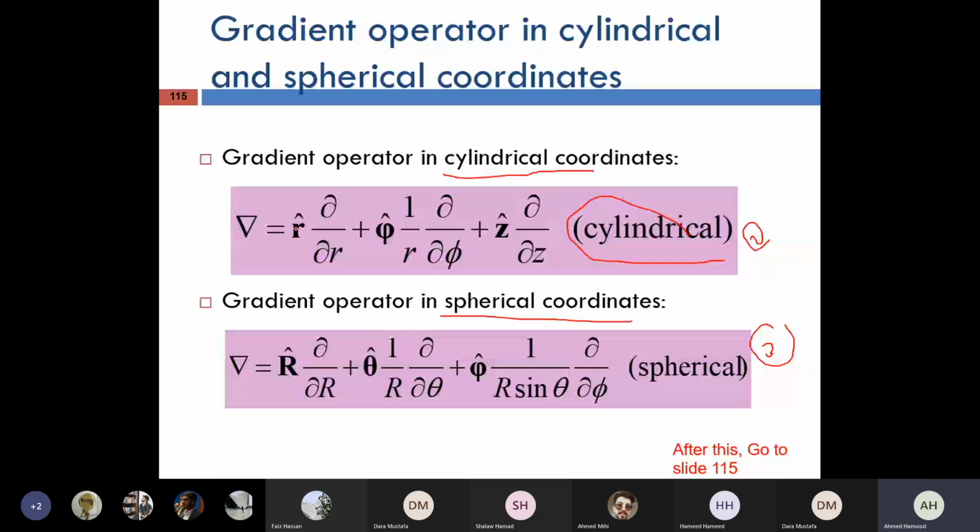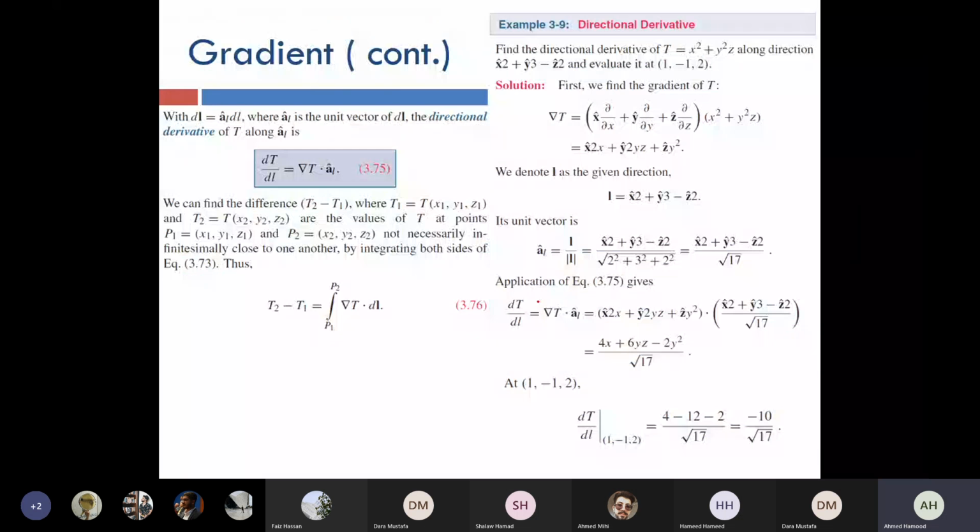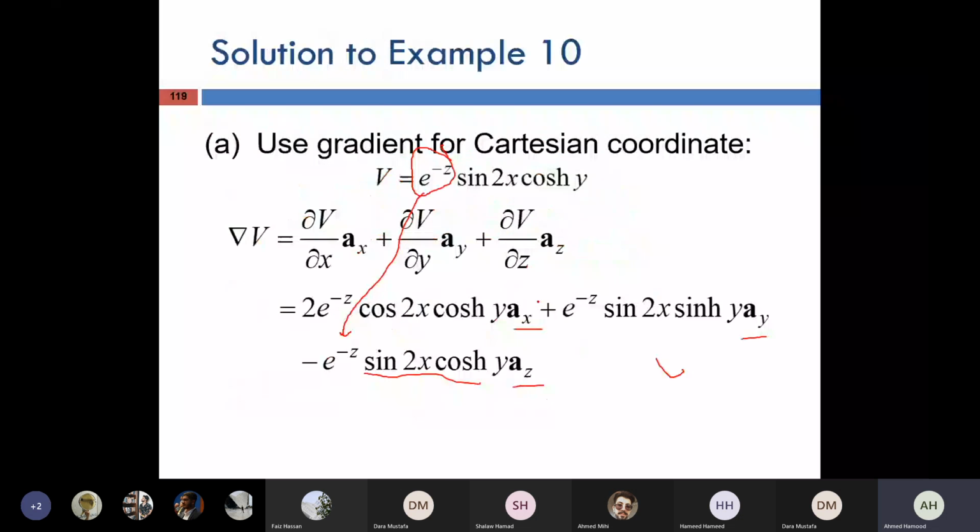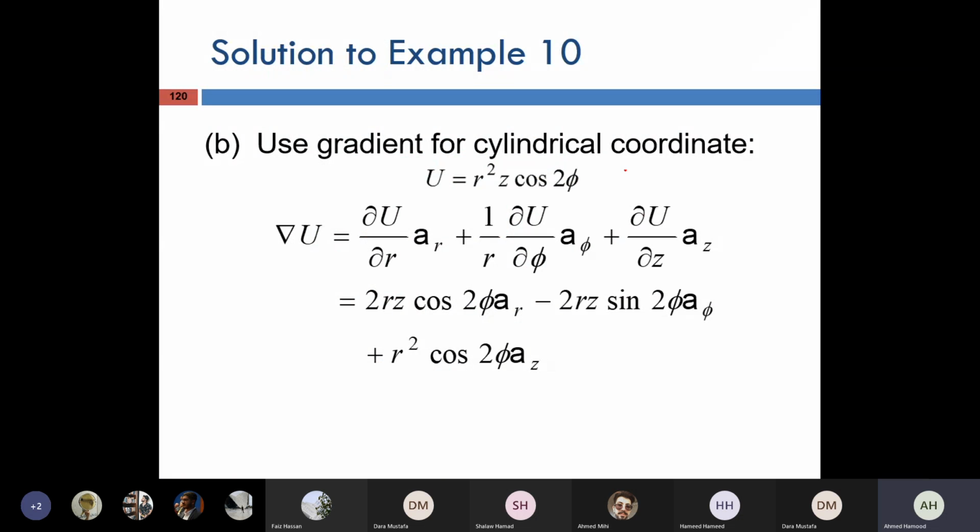R, z, phi is cylindrical. If you have r, theta, phi, you use spherical. Since we use the cylindrical coordinates, and you have r square, you copy and paste this part. Then you check one by one.